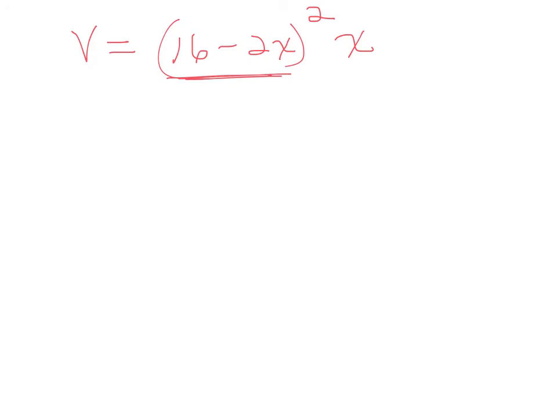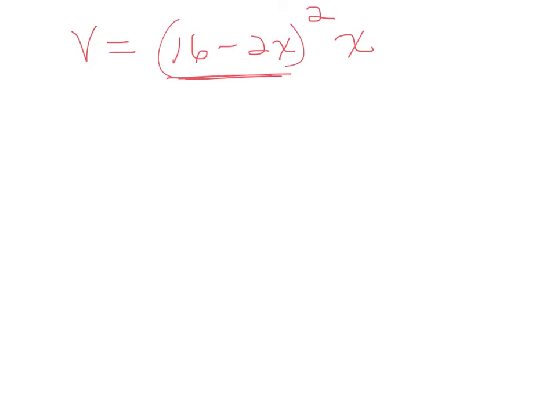Okay, so we want to maximize volume, and volume equals length times width, they're both the same, so I'm just going to square it, times the height, which is x. So we're going to need to FOIL this first piece and then multiply through by the x.